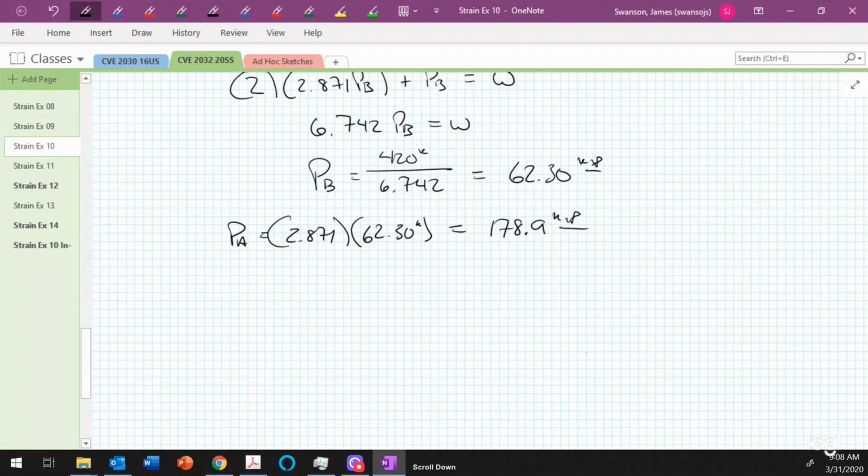All right, now for the stresses, we go back one further step and say P sub C is equal to P sub A, and that's also equal to 178.9 kips.